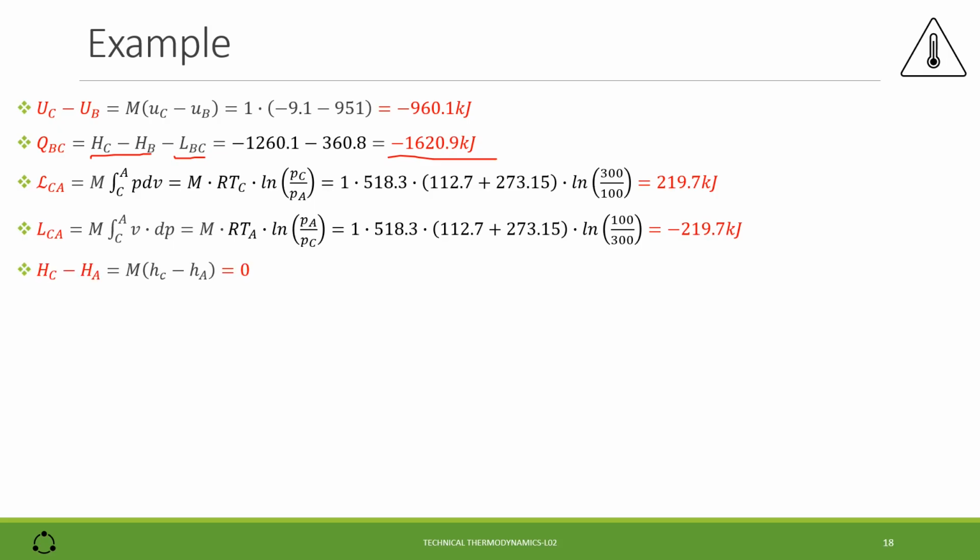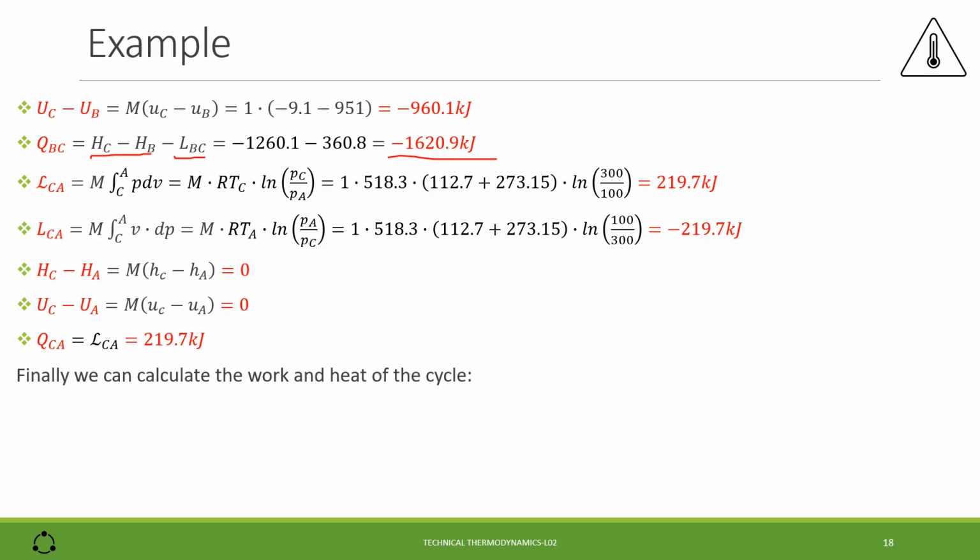The differential enthalpy among the two states is 0 because the transformation is isothermal, and the same happens for the internal energy. The heat among the two states is equal to the thermodynamic work and gives also this result.